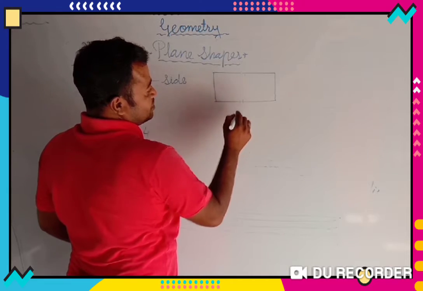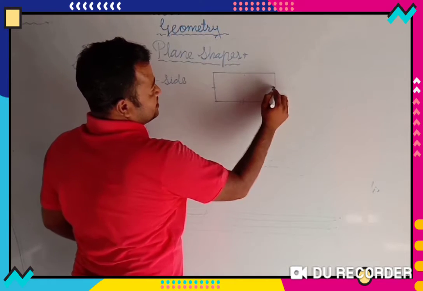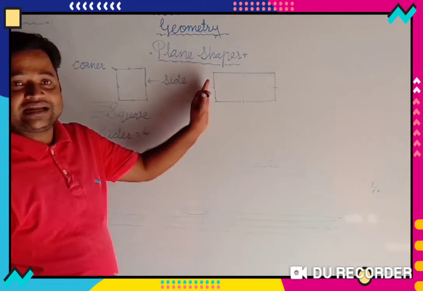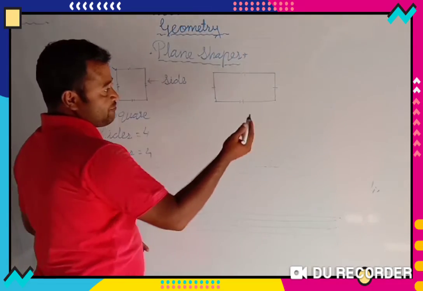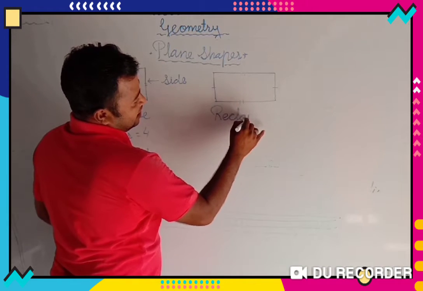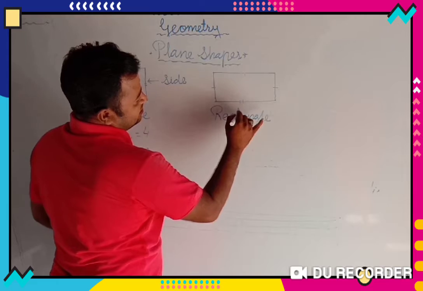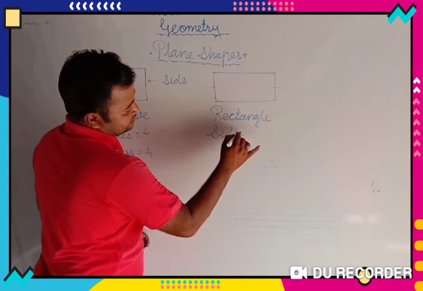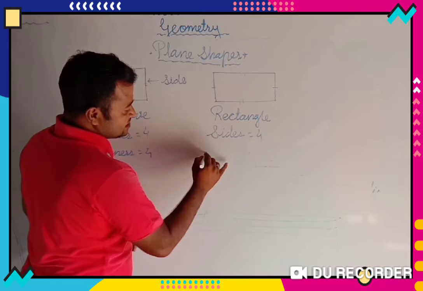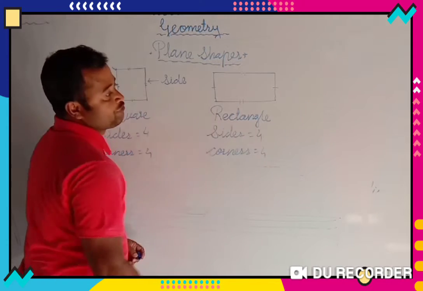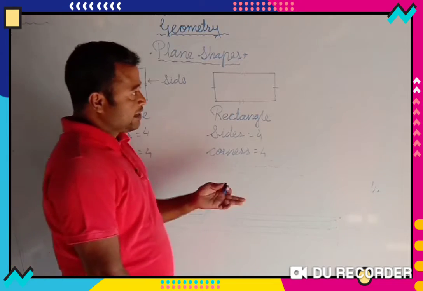This side is equal to this side and this side is equal to this side. So in a rectangle, opposite sides are equal. This is a rectangle, R-E-C-T-A-N-G-L-E, which has four sides and four corners.